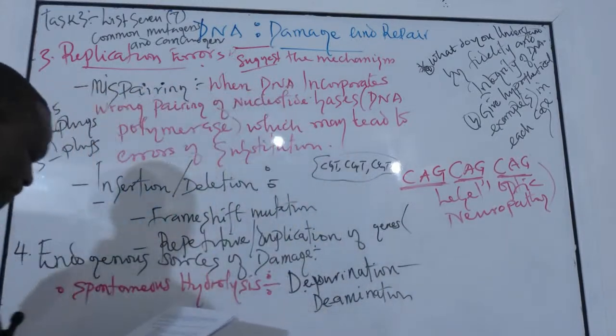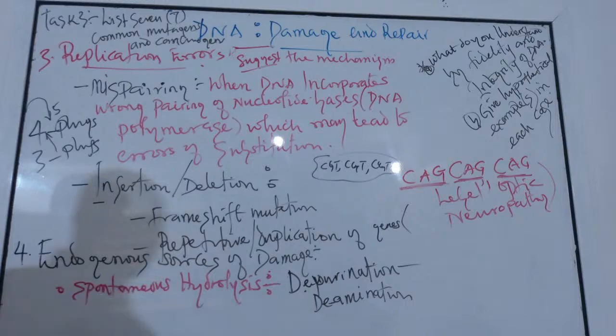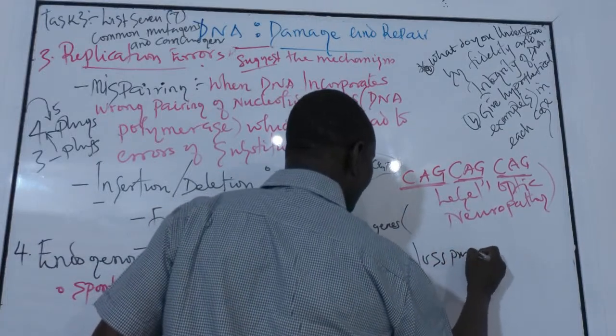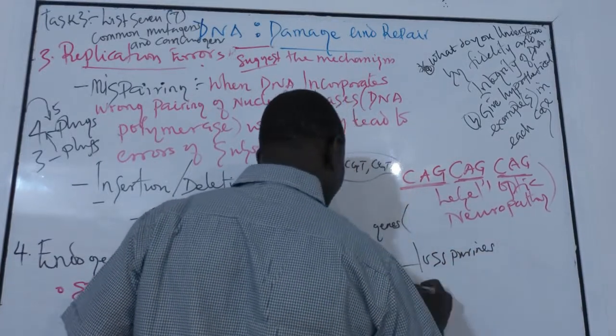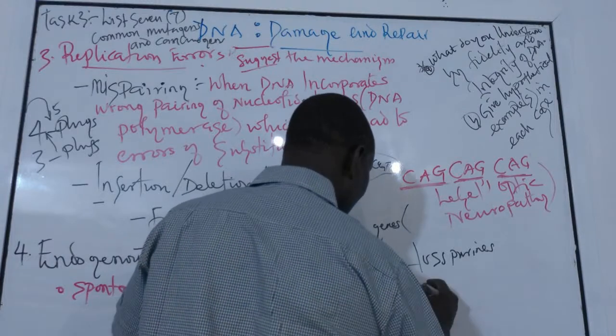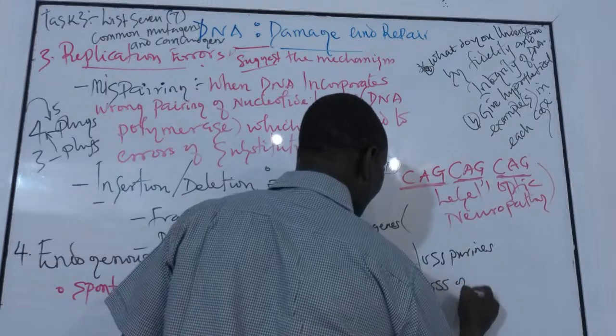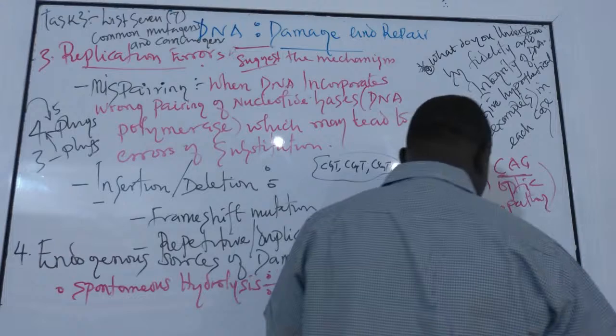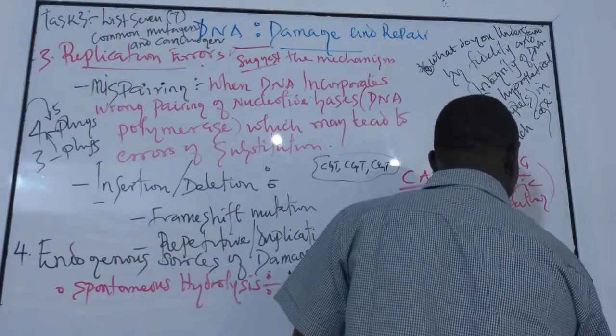Depurination and deamination. Depurination is when you have loss of purine, and deamination is when you have loss of cytosine and uracil.